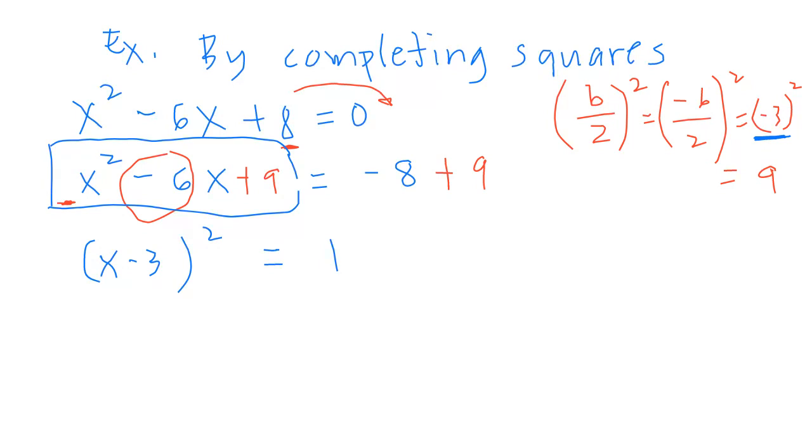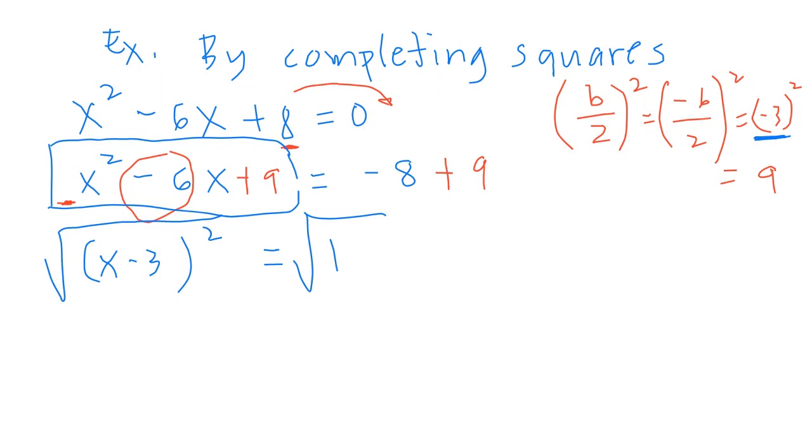After doing that, you apply the square root property, the one that I've shown you earlier. So we take the square root on both sides to remove the power of 2 here, and we do the same thing on the other side. When you're taking the square root of a square, that cancels out.